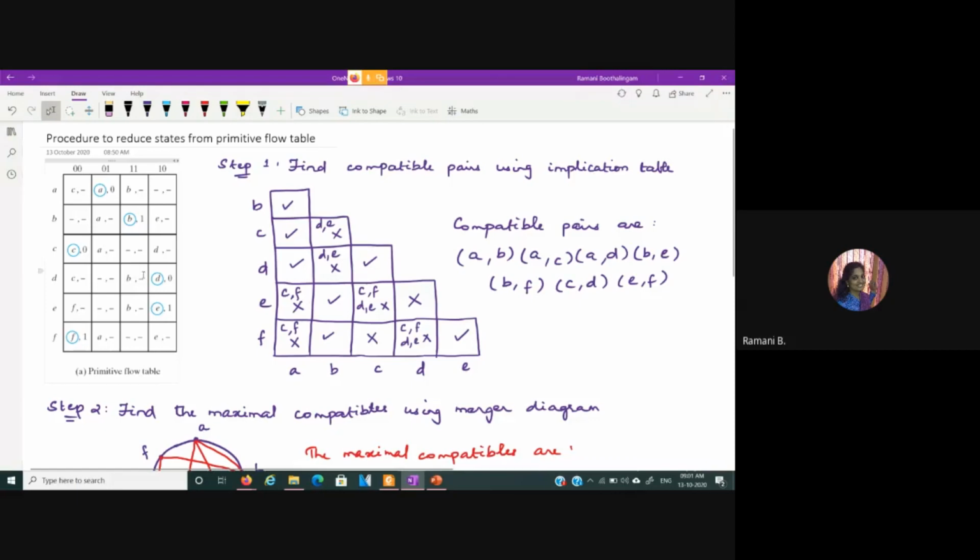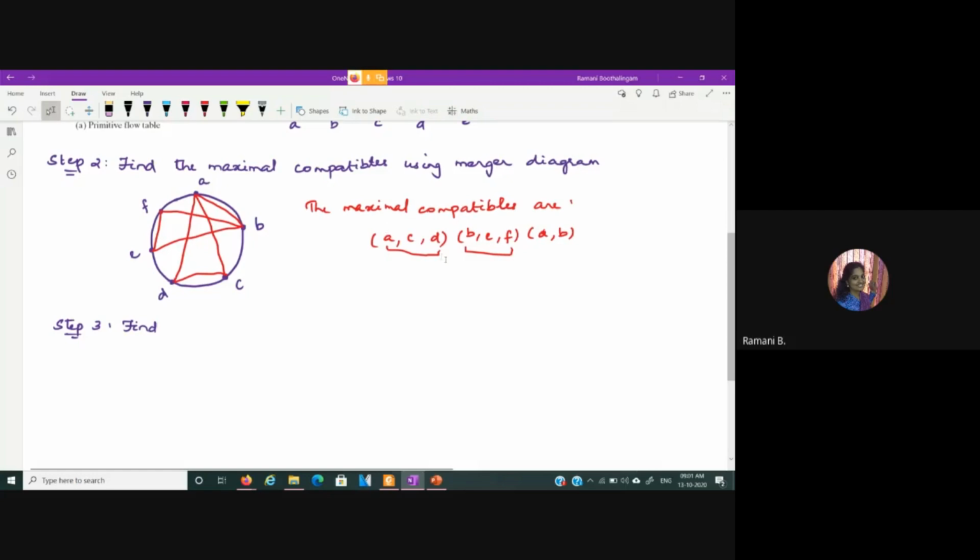So, for example, you say A and B are equal. However, if we are checking the conditions, there is no chance that C and F are equivalent. The same way, D and E cannot be equivalent, right? So you cannot give this particular combination, right? There is no chance of C and F being equivalent, and no chance of D and E being equivalent. So you cannot say these two are equal, pair it with A and B, compare further, and give A and B as one set, one equivalent state. Okay, that is what you have to remember.